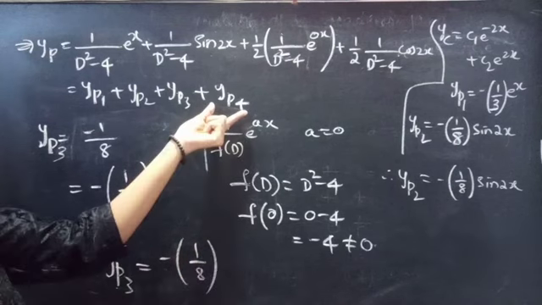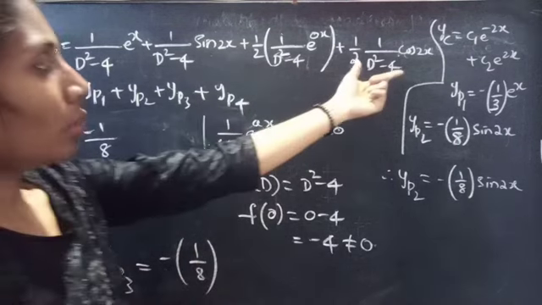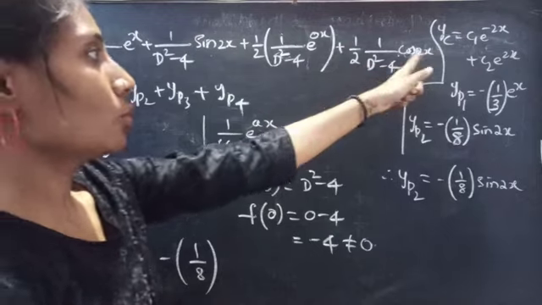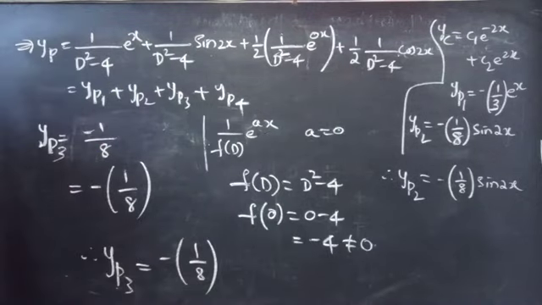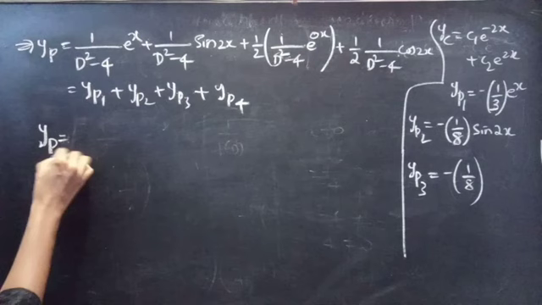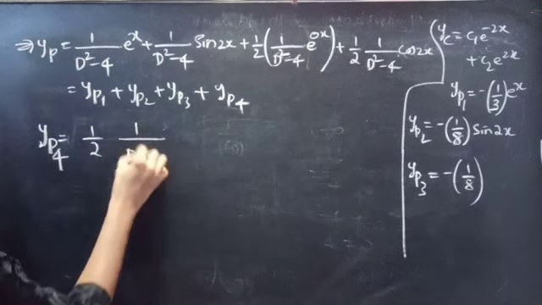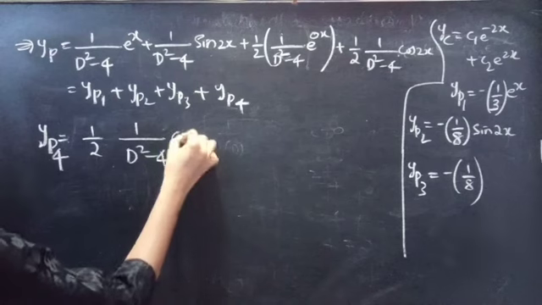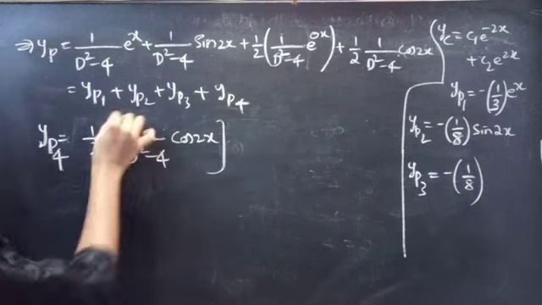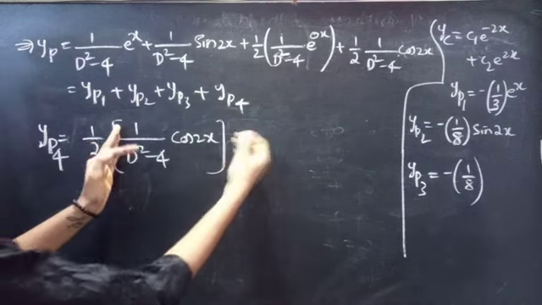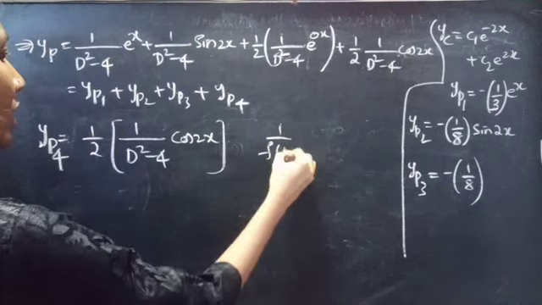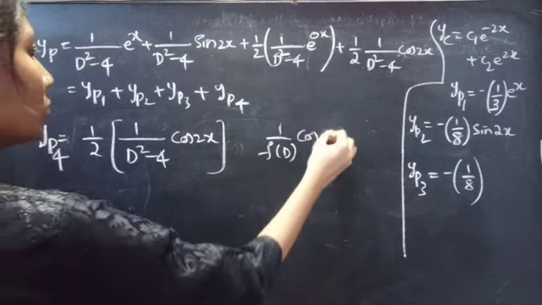Now, we are going to find yp4, 1 by 2 into 1 by f of d into cos 2x. yp4 equals 1 by 2 into 1 by d square minus 4 into cos 2x, right? So this is of the 1 by f of d into cos ax form, right?